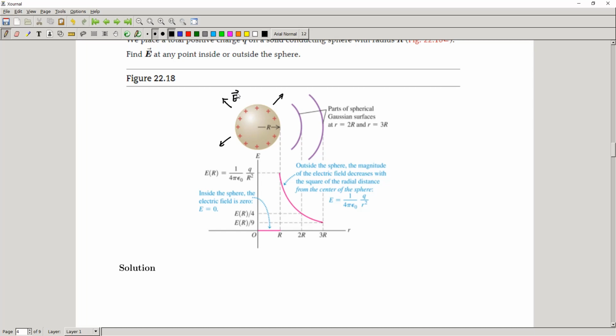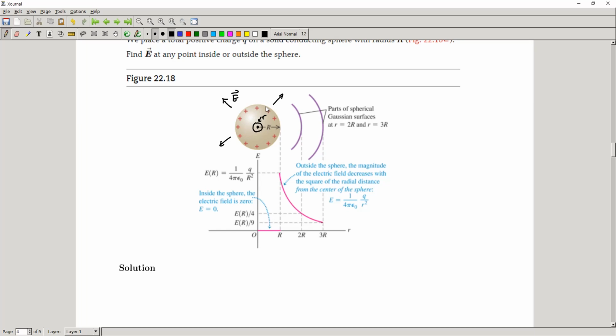So then let's imagine that, okay, this is our center here, our origin. Let's imagine that we start building some Gaussian surfaces around the origin, and this thing will have a radius small r, and it's slowly growing, right? So we're watching this thing.